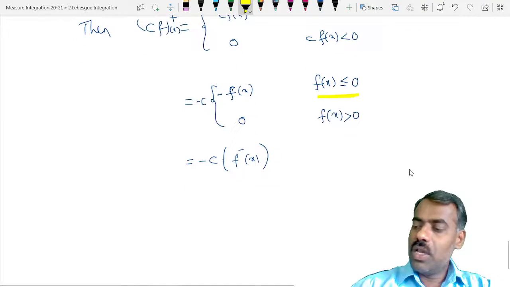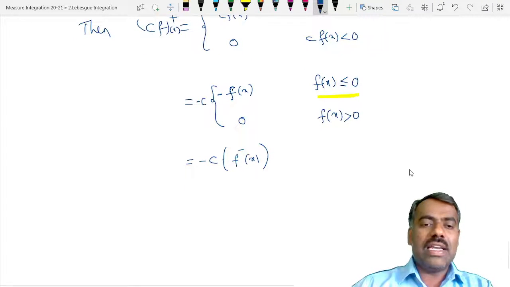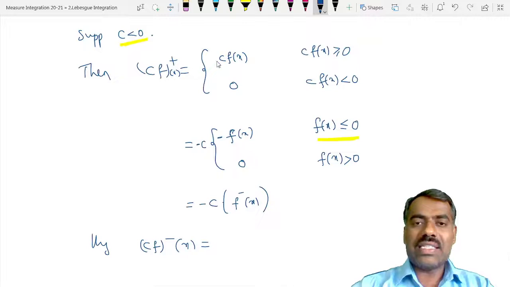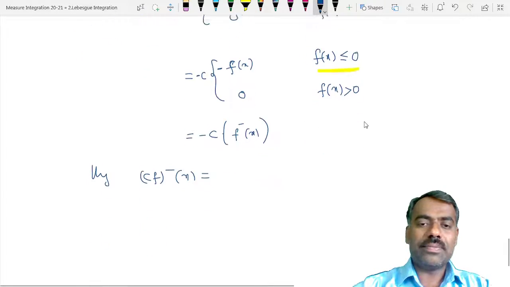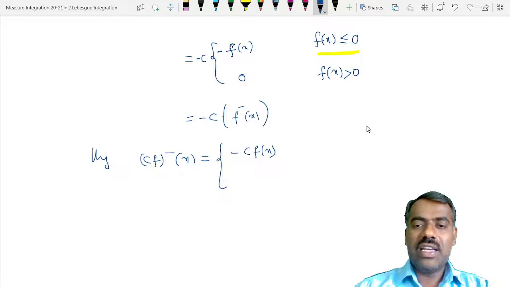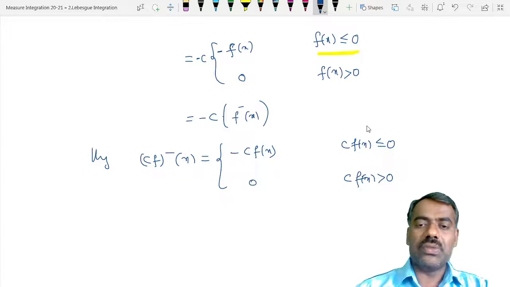Okay. So therefore, similarly, what can you say about c minus of x? It is same as minus c will be here and f of x, right? Where c times f of x, how is this defined? We can quickly write. This is same as minus c times f of x if c times f of x is less than or equal to 0, and when c times f of x is greater than 0, this value is 0, right?